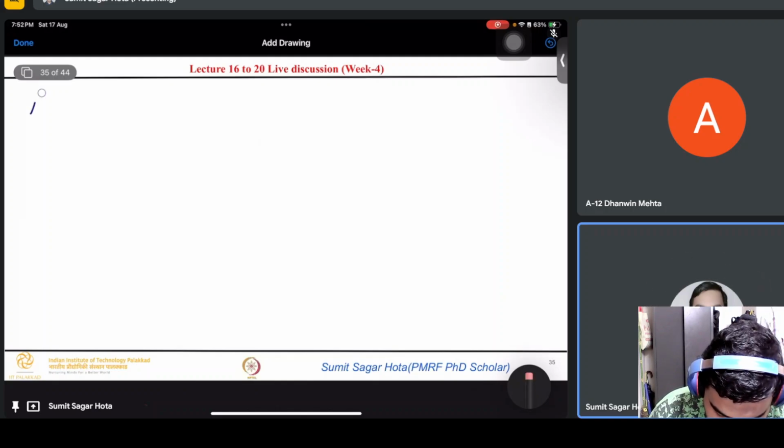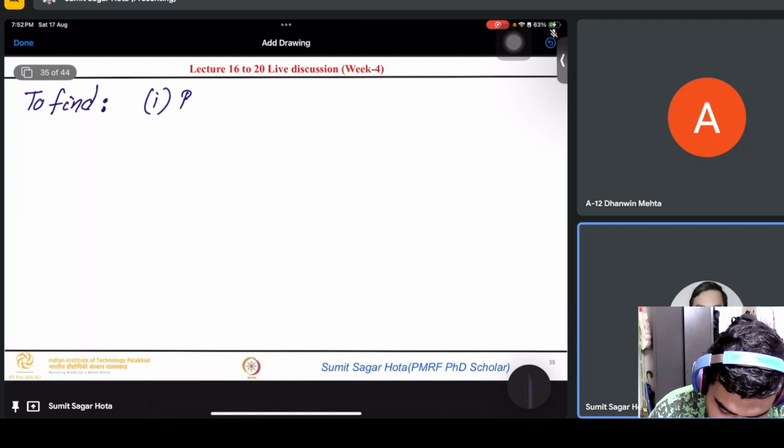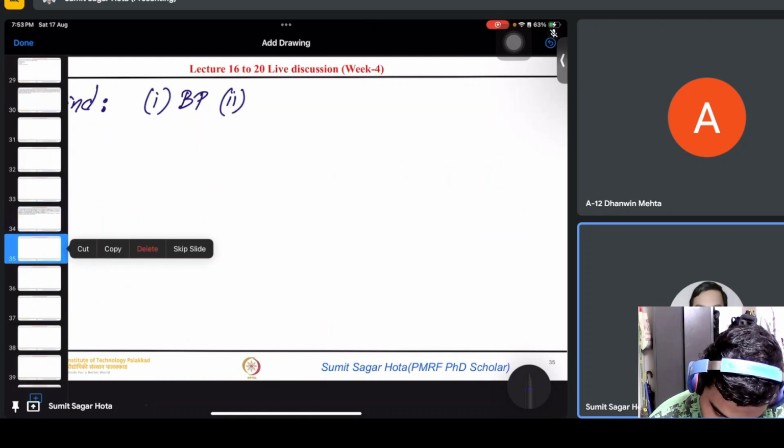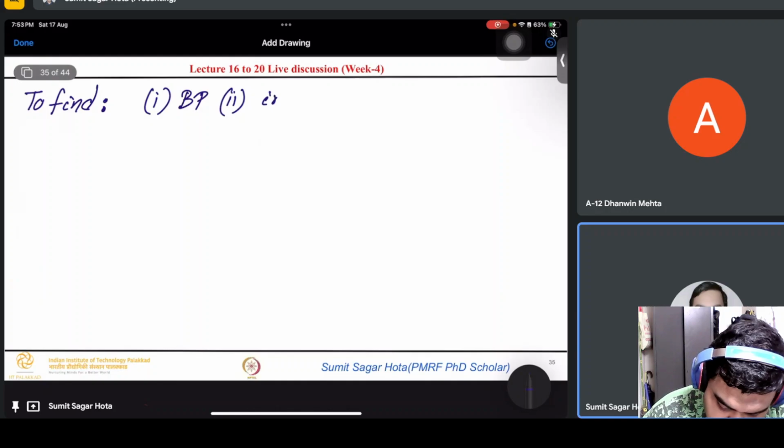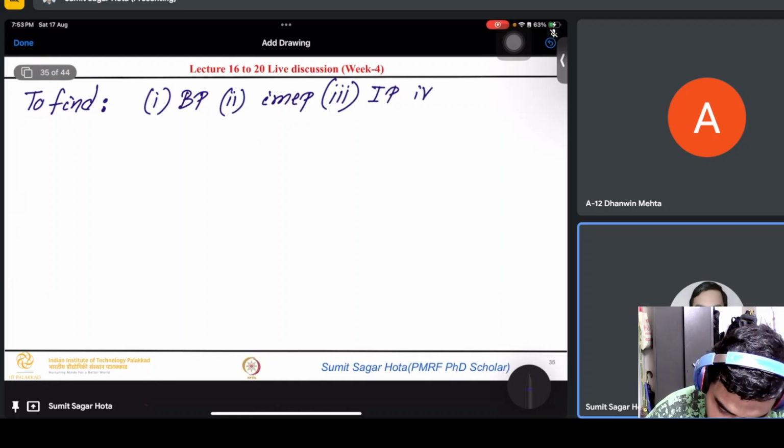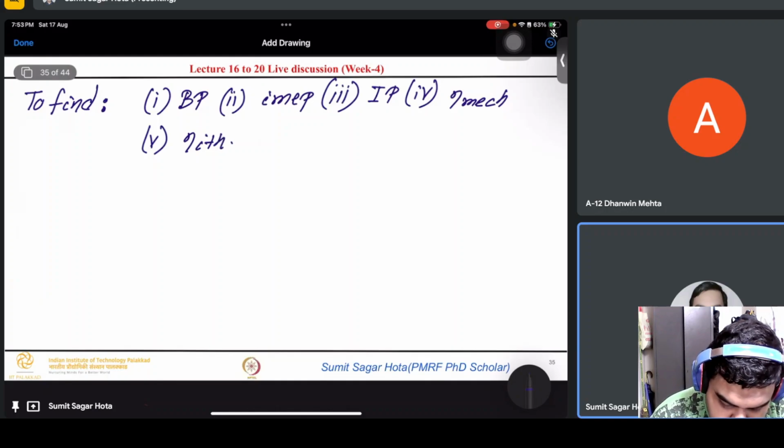So what we need to find? Before calculating all these 5 terms, we'll just calculate some of the basic terms, then we'll go for these 5 ones. So what is the effective brake radius?